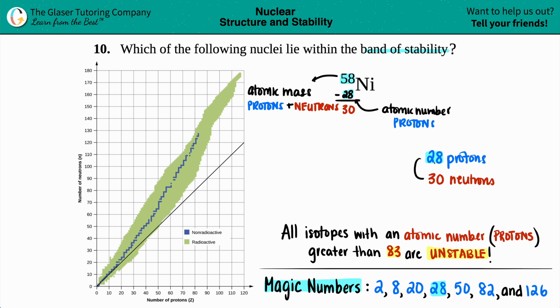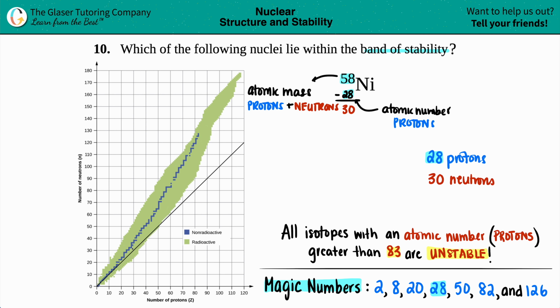Usually they should be roughly about 1 to 1. So whatever number of protons, you're generally going to have the same number of neutrons. But then as you go up and up the scale, it might be a little different. But down here, these two lines are very similar to each other. Now, 28 protons, here's 30.